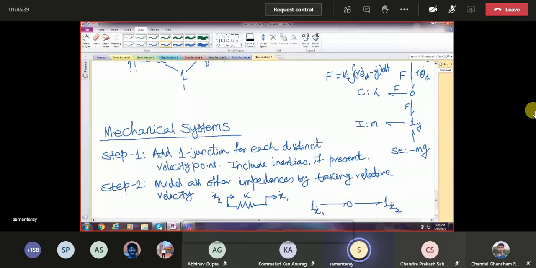Between them we take this and model the spring. That's it. Exactly the way we did it for the electrical circuit. In the electrical circuit, we took zero junctions for potentials, took the difference to find potential differences, and modeled the impedance. Here we take velocity points, take the difference to get the relative velocity, and model the impedance there.